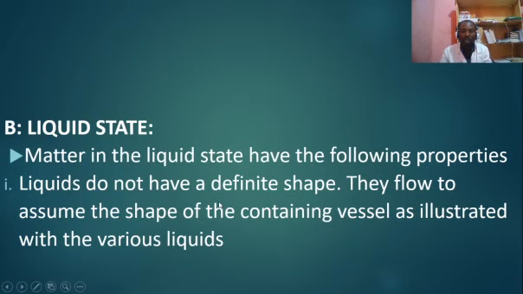We want to look at the liquid state. Matter in the liquid state has the following properties. Liquids do not have a definite shape. So what happens?